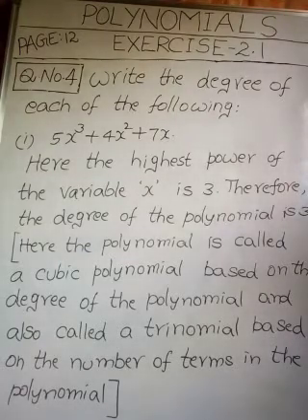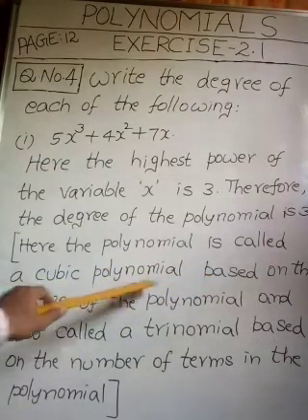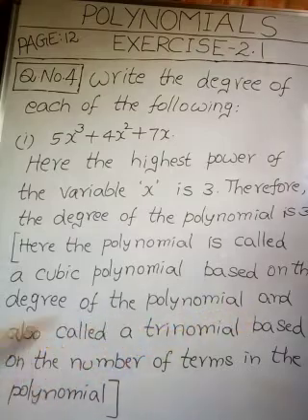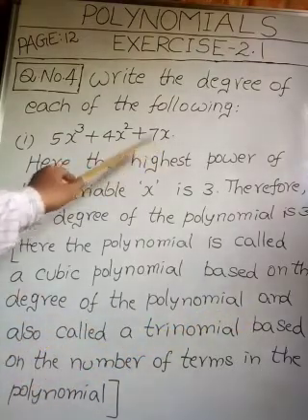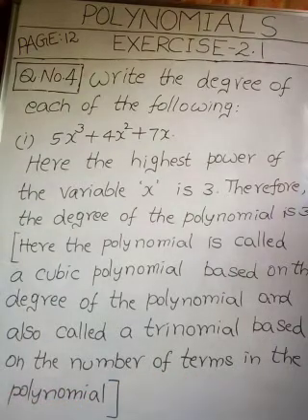If we consider the degree, the polynomial is called a cubic polynomial. Similarly, it is called a trinomial based on the number of terms. This is the second category. Two types of categories are there. Okay, my dear children? Understood?